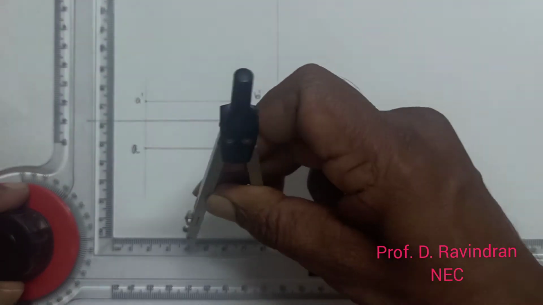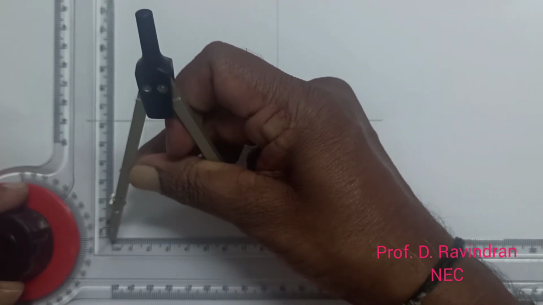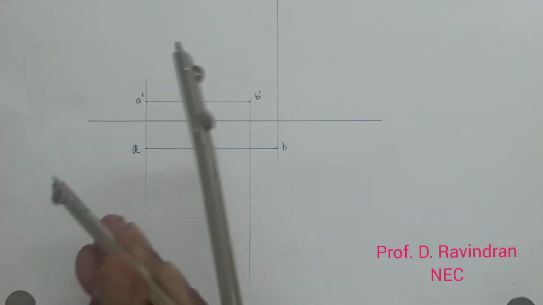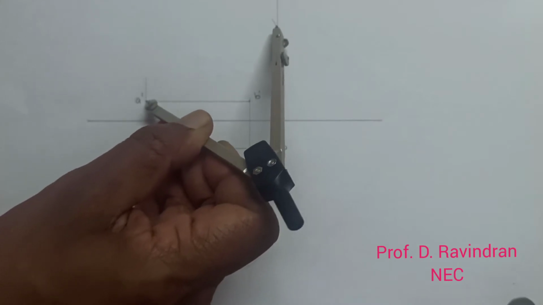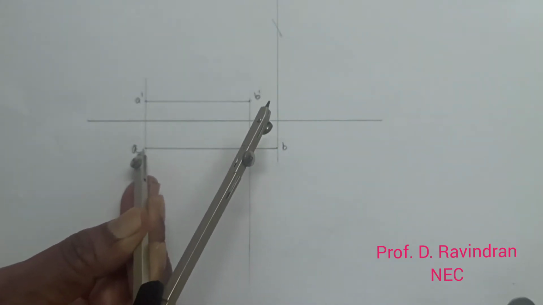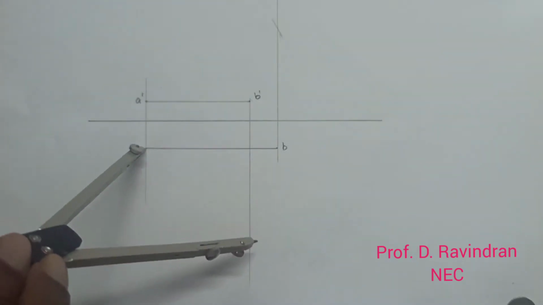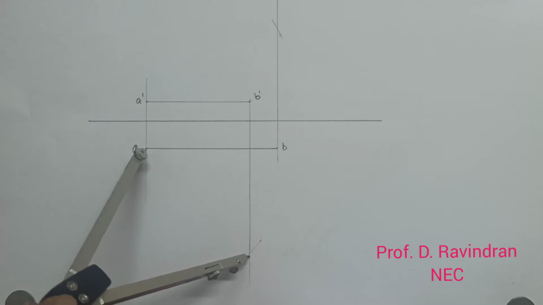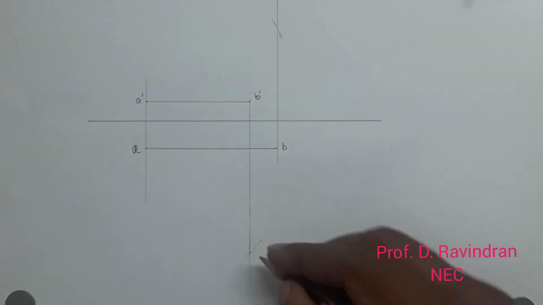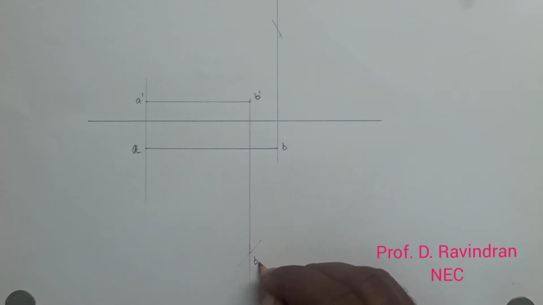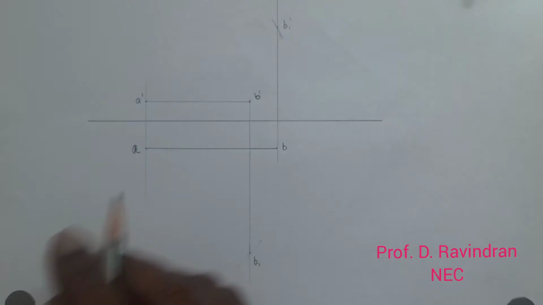Keeping A dash here, I can mark one arc on the vertical line, and then from A as center I can mark this dimension on the vertical line drawn downwards. Now this is the point in the top view which is of 80 mm length. It is going to be your B1. This is the point, it is B1 dash.